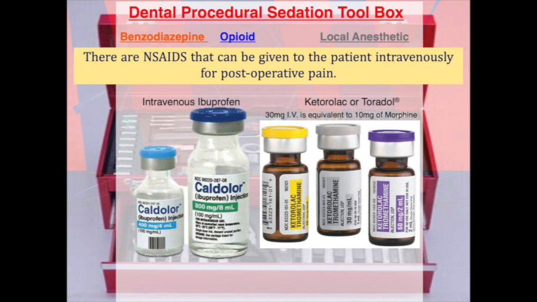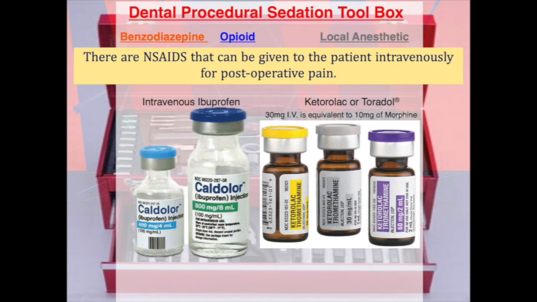And out for a lot of years was Toradol or Ketorolac, which is now in a generic form. So 30 milligrams of Toradol IV is equivalent to 10 milligrams of morphine. So that is some nice pain relief without the side effects of having to give a narcotic.